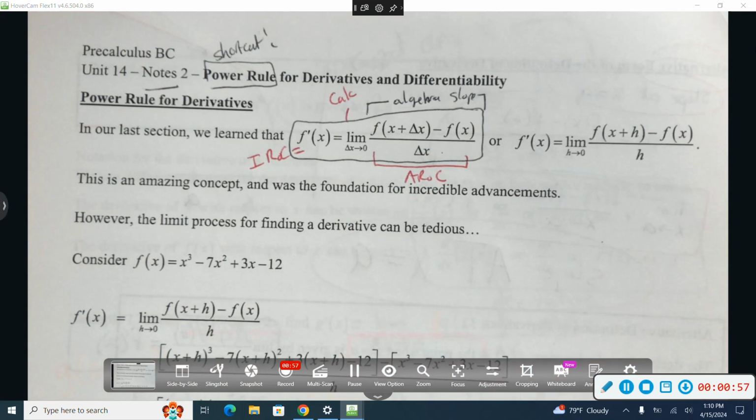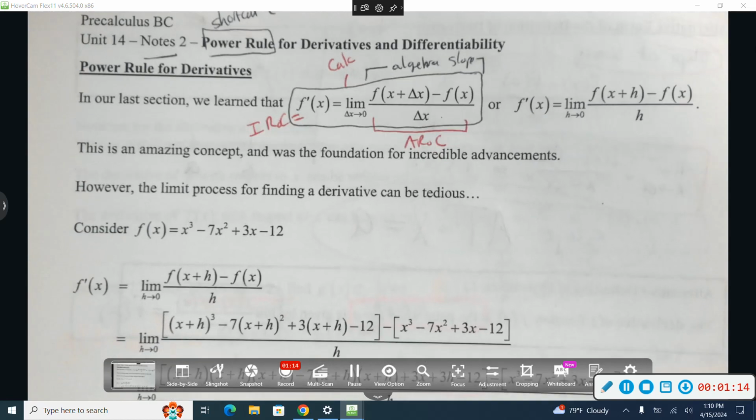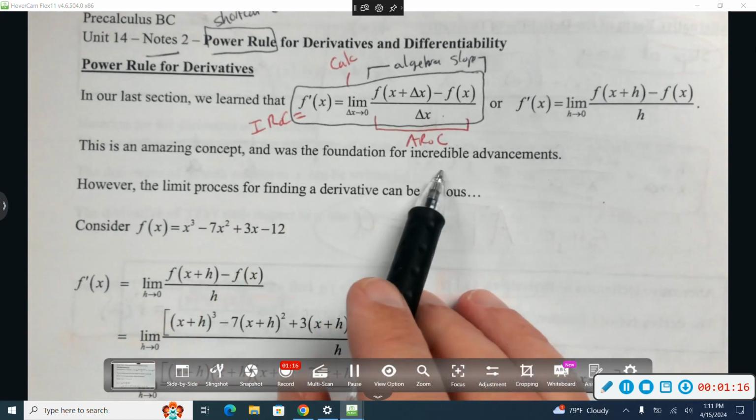So very much related to each other. But you might remember as we shrunk that delta x down to 0, we went from 2 points to 1 point, and that limit process is calculus, and that's how you get the derivative at a point rather than slope across 2 points. Okay, so pretty cool when they figured that out.